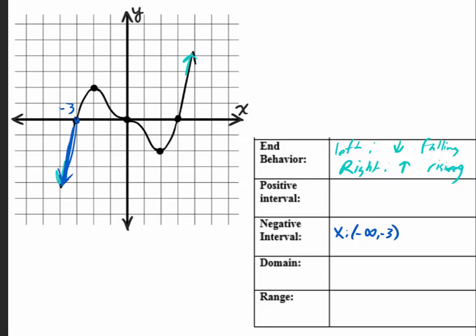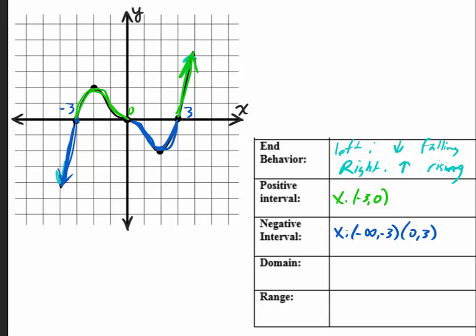Now after that, I am positive, positive, positive until that point. So from negative 3 all the way to 0. And it appears I'm back below the surface of the water. Okay, from 0 all the way to positive 3 this time. And then I'm back above.